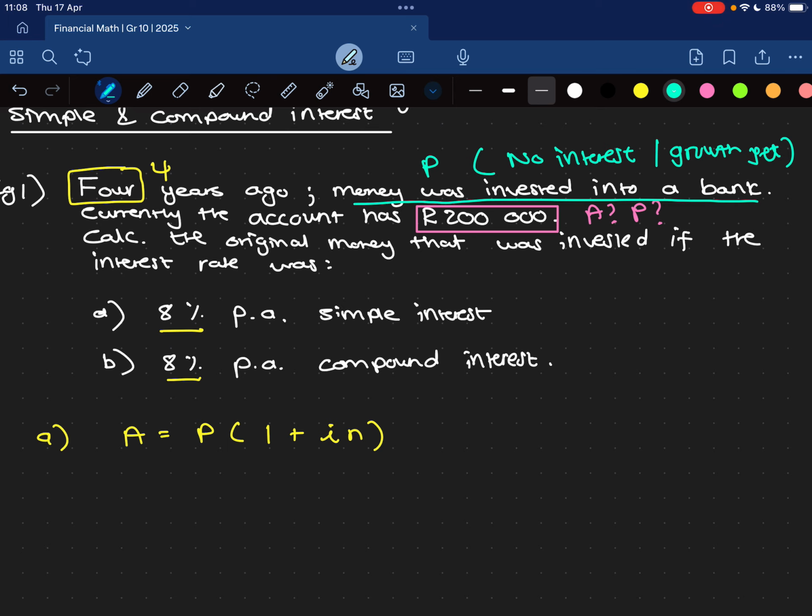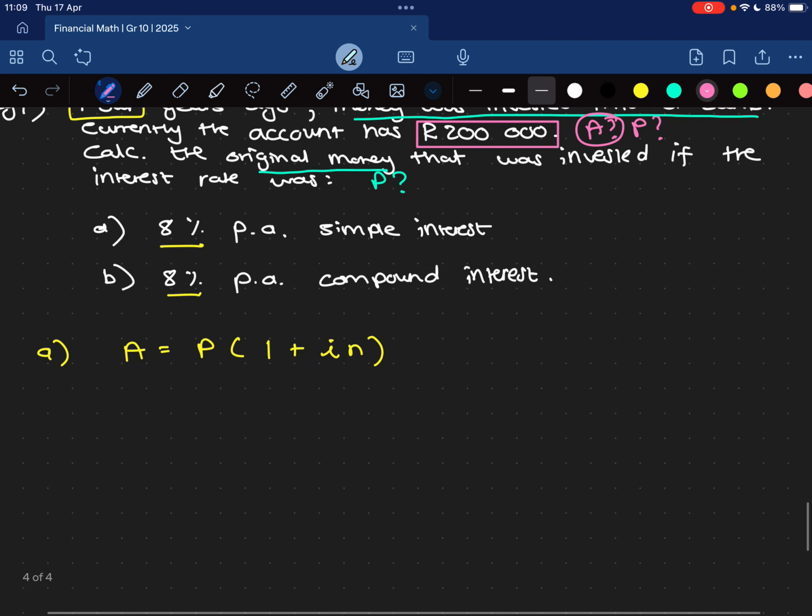We're looking for the amount of money that has no growth, which was the money that they are asking you to calculate. Okay, so they said they want to know the original amount of money. So that P value is what is unknown. So if the P value is unknown, then the 200,000 must be the A value.